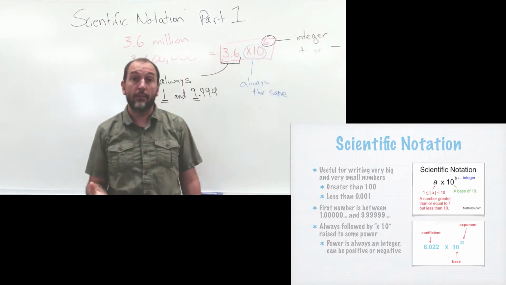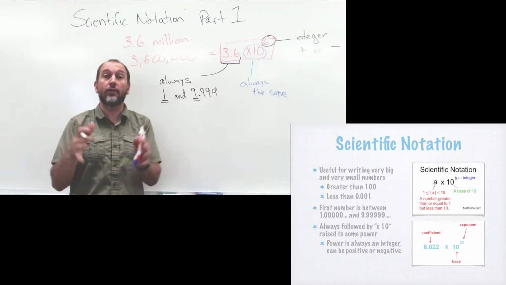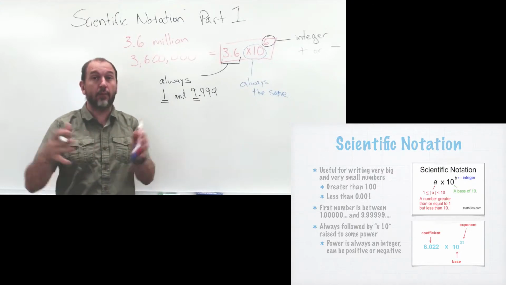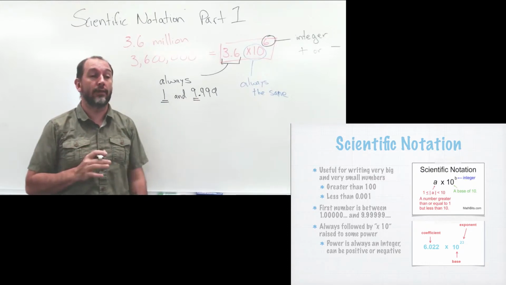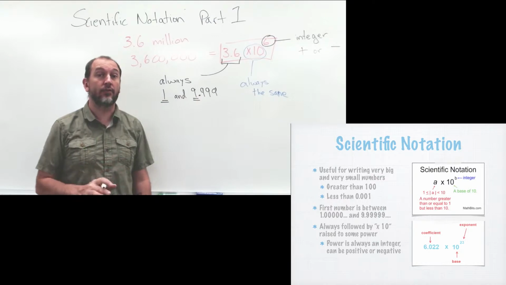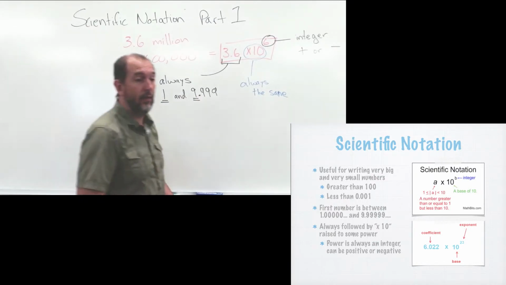Okay? So it can be positive or negative, and that will indicate whether the number is really big or really small. Okay? So a positive number will make it a really big number. A negative number will make it a really small number. Okay? And we'll demonstrate that by going through some examples. That will help make it a little bit more clear on how we do this.